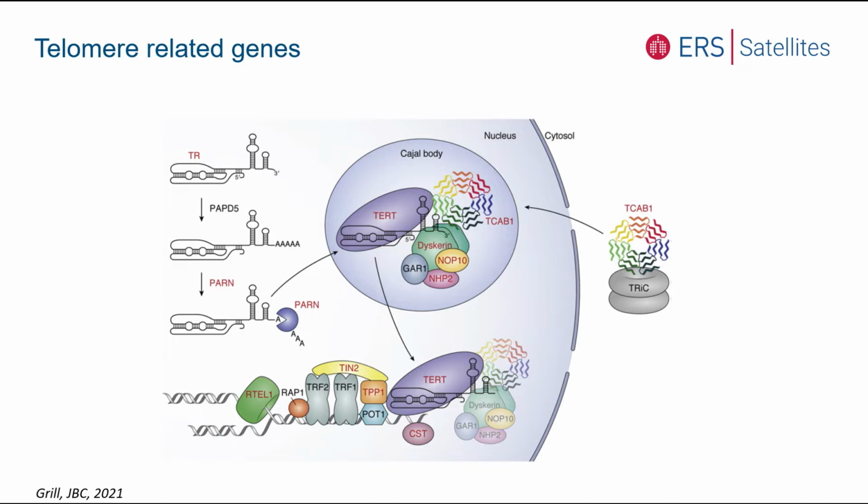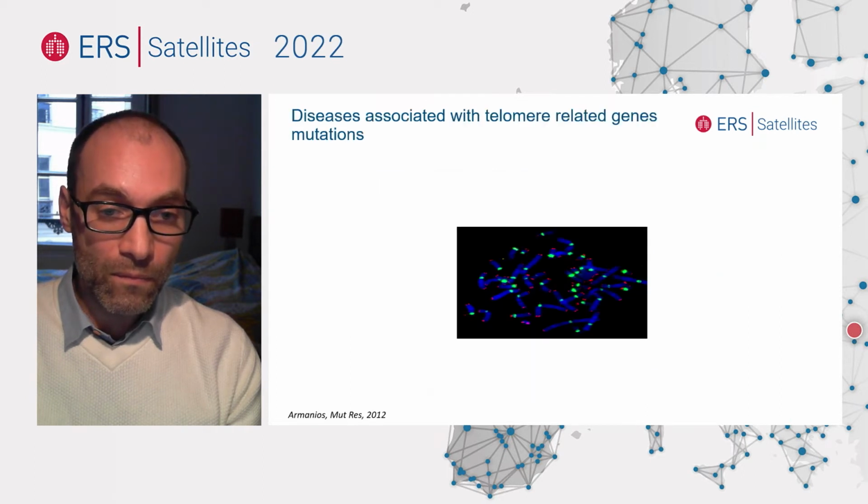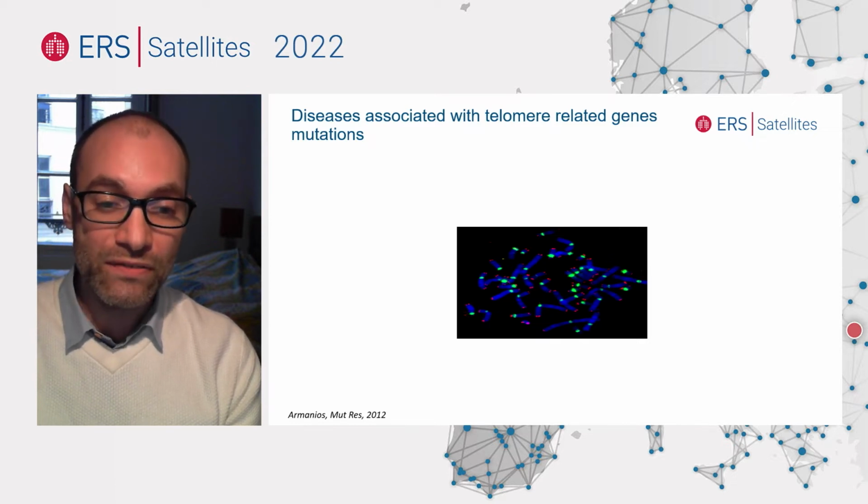When one of these genes is mutated, such as TERT or NOP10, for instance, then the telomerase activity is decreased and the telomere length is also decreased after each division. The telomeres are located at the end of the chromosome and are stained in red on this figure.